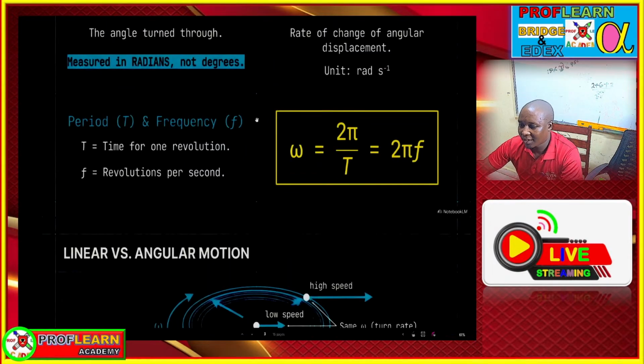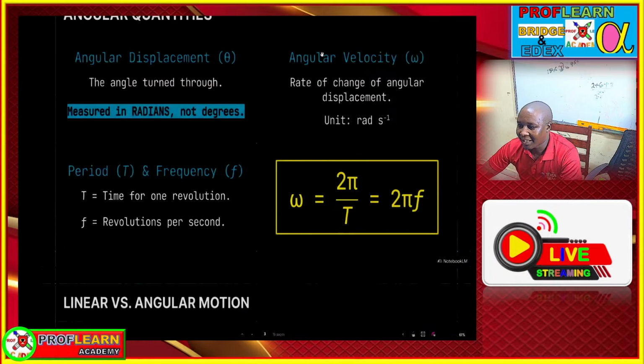So in this case you need to understand the rate at which the angle at the center keeps on changing. That means angular velocity is given by angular displacement divided by time, and since the angle turned by one complete revolution is 2 pi, when an object moves a complete cycle it must have covered 2 pi radians.